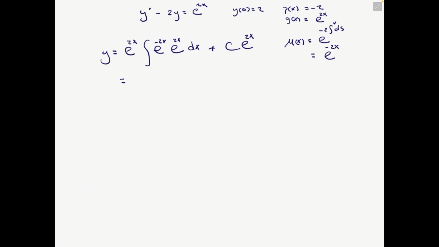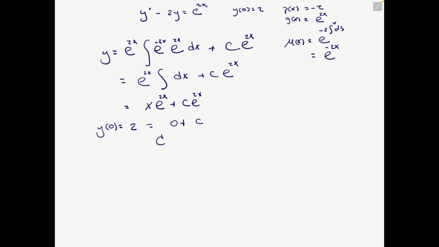And this makes the integration easy. e^(-2x) times e^(2x) is e^0, so that's the integral of dx, plus c e^(2x). We have x e^(2x) plus c e^(2x). And we say y(0) = 2 equals 0 plus c.